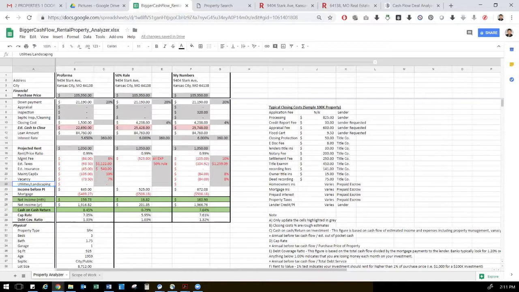Now, you definitely do want to factor those in because that's going to hit your cash on cash return. If you think, oh, utilities, it's only going to be like $50, and I'm not going to worry about it. Well, let's think about that. Let's put $50 in here. That just drops the cash on cash to 6% from 8.5%. So that's a big dip.